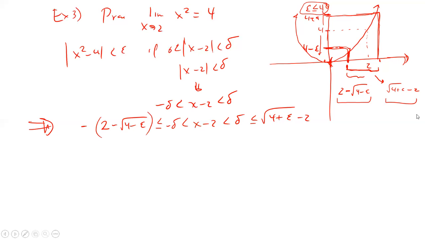Okay, so let's do a little bit of algebra here. Distribute the little negative here. We can drop the delta out of here because we're looking for the epsilon at this point. We know delta is scrunched up inside there. And so negative 2 plus x minus epsilon, x minus 2, and this will be epsilon minus 2 over there.